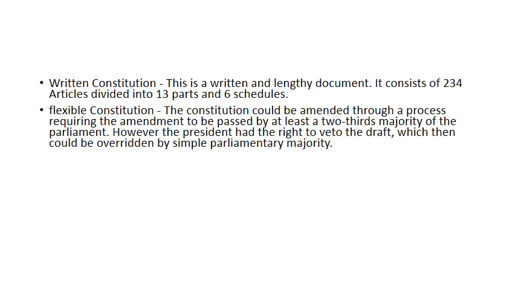It was a flexible constitution. The constitution could be amended through a process requiring the amendment to be passed by at least a 2/3 majority of parliament. However, the president had the right to veto the draft, which then could be overridden by a simple parliamentary majority. A flexible constitution is one in which amendments can be made easily.